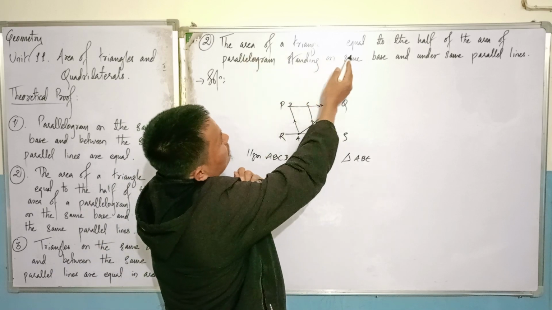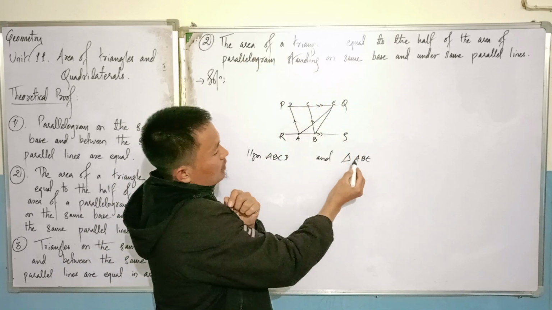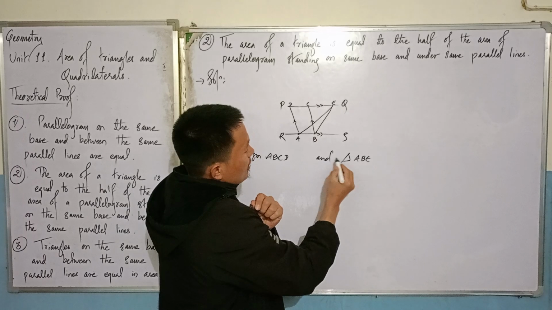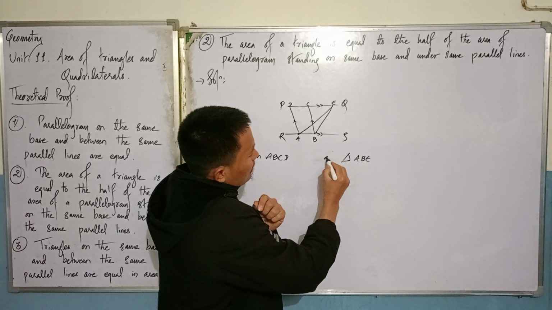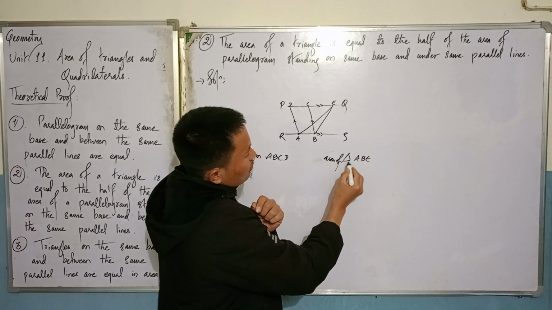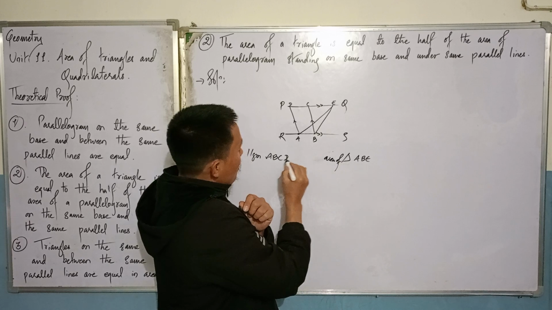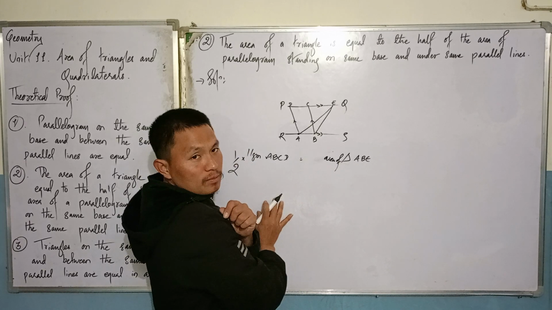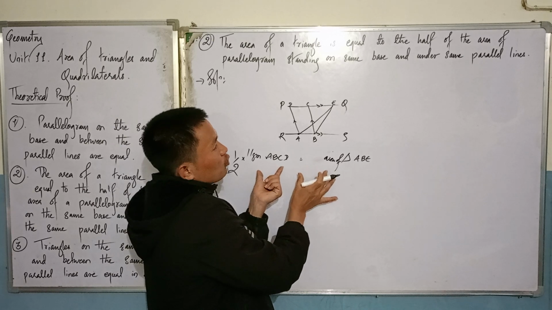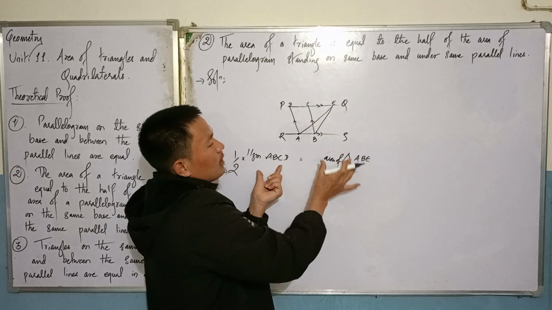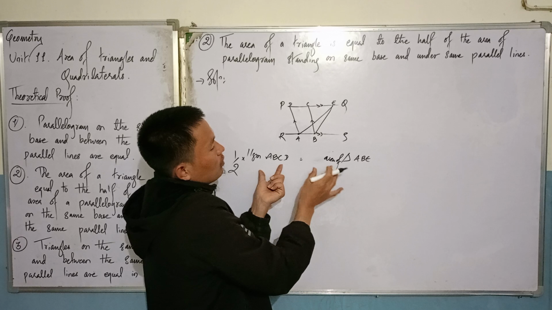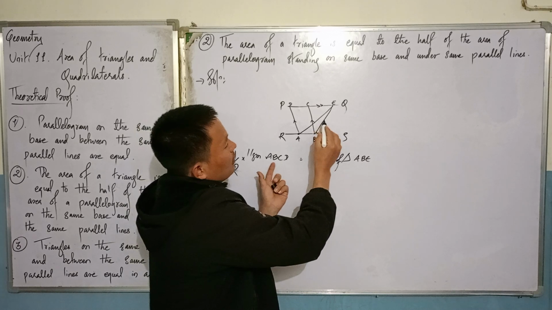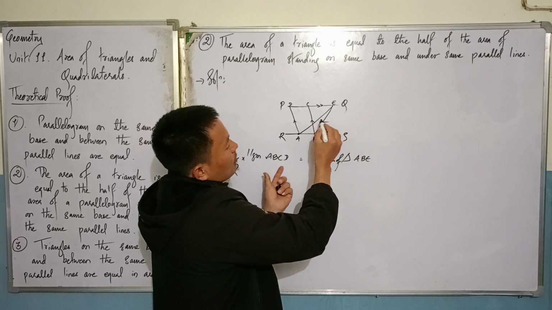the area of the triangle is equal to half of the area of the parallelogram ABCD. So this is what is being conveyed by this statement.